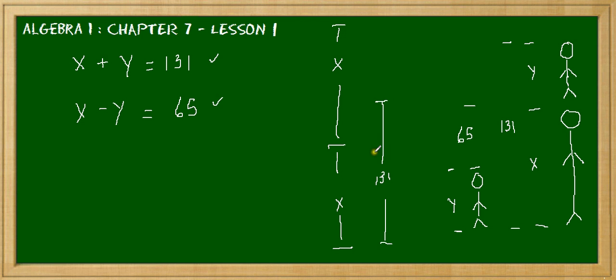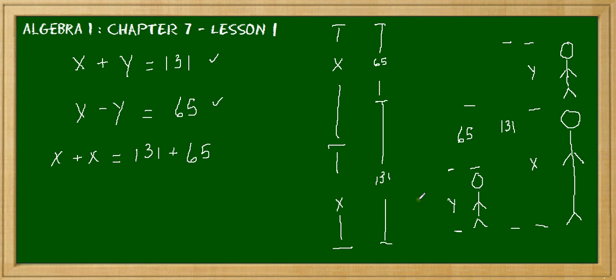We see that goes up to 131, and then we have 65. So if we were to put these two equations together, or let's say the illustrations first, we're able to determine that, as we said, x plus x is equal to 131 plus 65.